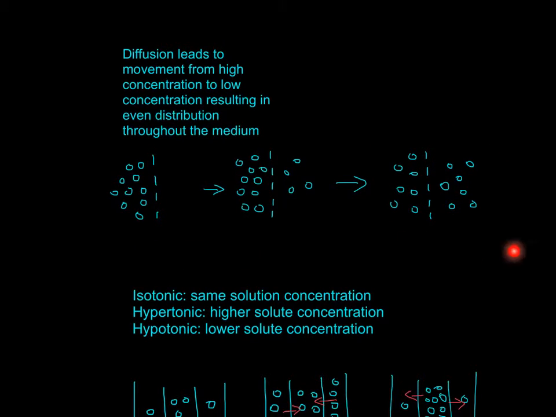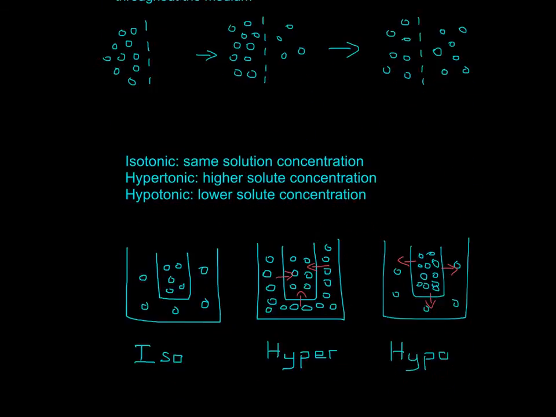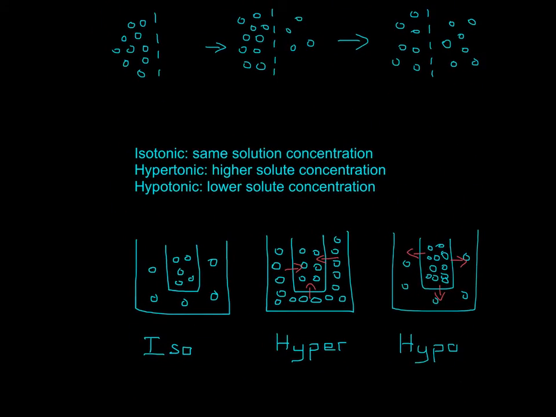As demonstrated in this example, we have a high amount of particles on one side that can pass through a permeable layer right here, and stuff from the high side wants to go over here because there's too much on one side, so a little bit starts coming over, and then finally you'll have an even mixture on both sides.